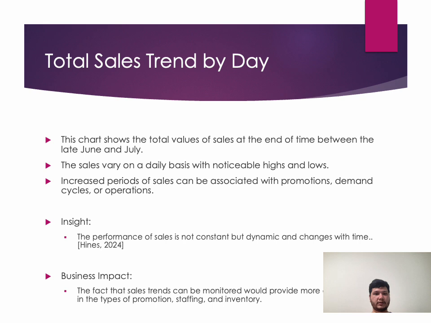Such differences can be the impact of promotions, seasonal needs, or operations. This brings out the fact that sales performance is dynamic. By tracking these trends, the business can better plan factors like promotions, staffing, and inventory according to the time of high demand or low demand.